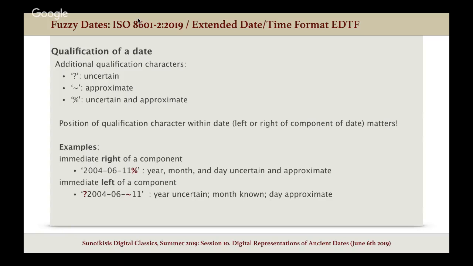This means this date is uncertain and approximate. The full date is both uncertain and approximate. It refers to all date components to the left of this qualification character. If you add it to the left of a component, only that component is either uncertain or approximate, or uncertain and approximate.